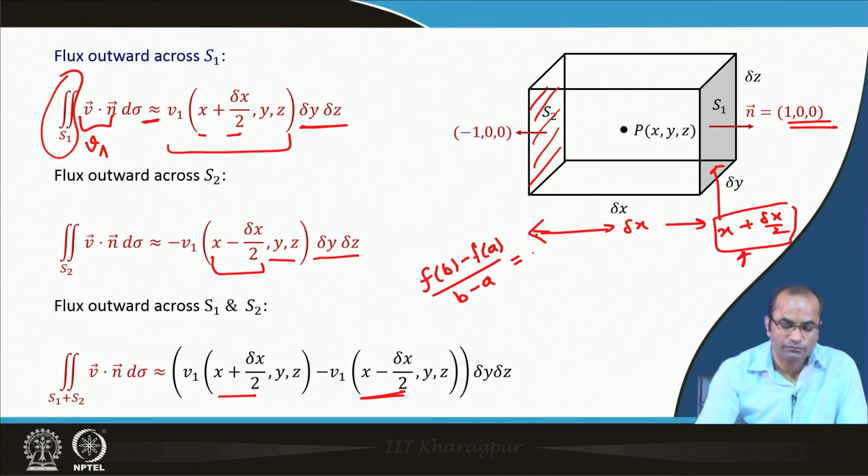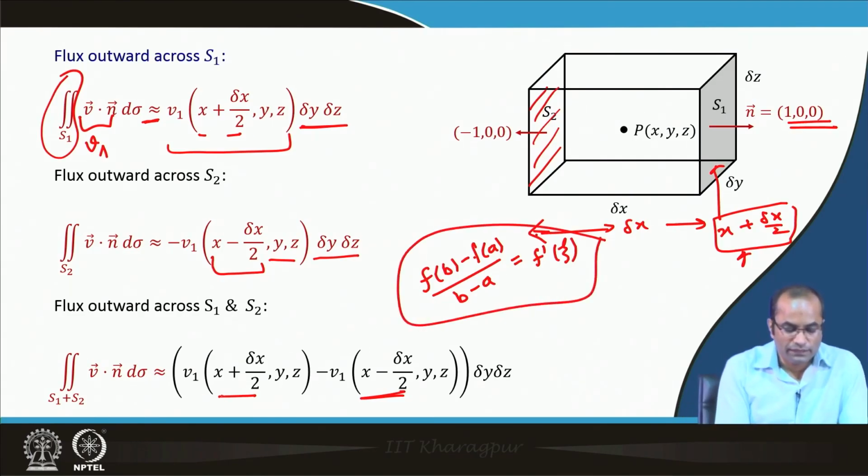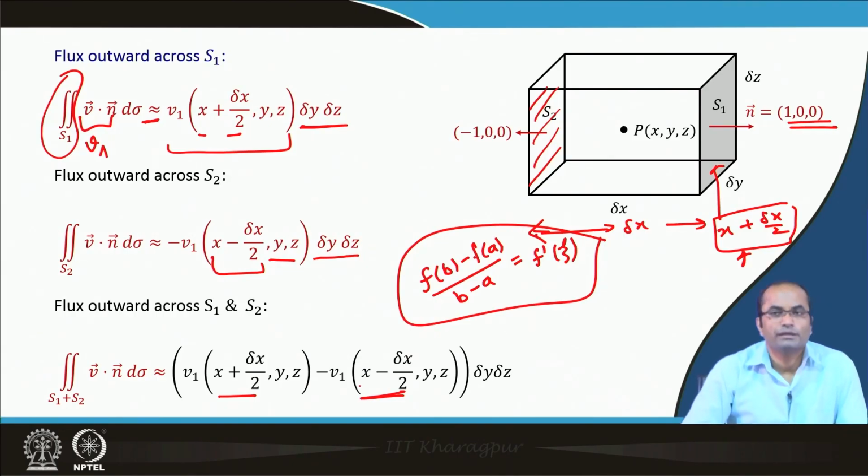The mean value theorem says that there will be a point between a and b where this quotient will be equal to the derivative of f. Here also we will apply it for the first argument. So, this derivative will become the partial derivative with respect to x, at some point between x minus delta x by 2 and x plus delta x by 2. Again we just write approximately equal, at the point x y z, because in the limiting situation this will approach only this point P.